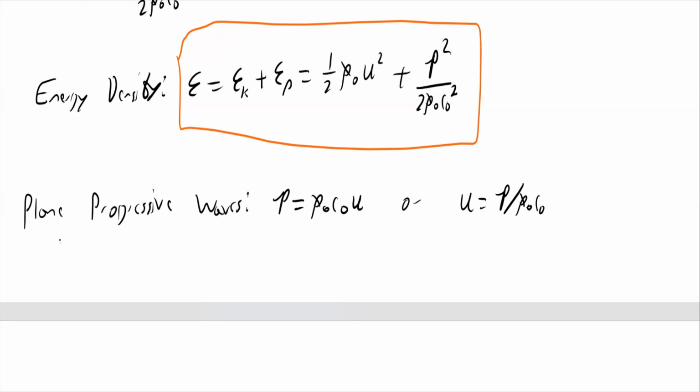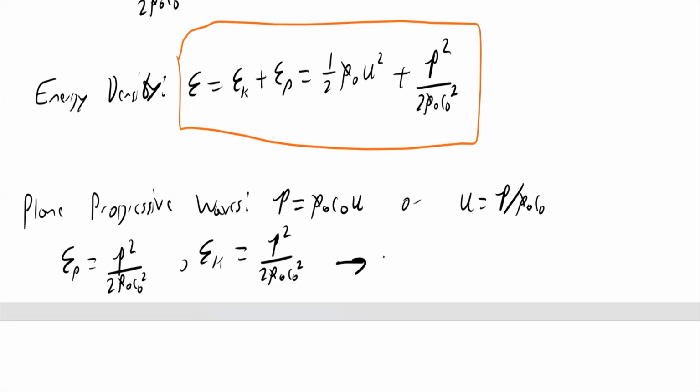If we plug this in, we note that we still have the potential energy density as P squared over 2 rho naught c naught squared. But if you plug into U squared for the kinetic energy density, we see that the kinetic energy density is also P squared over 2 rho naught c naught squared.